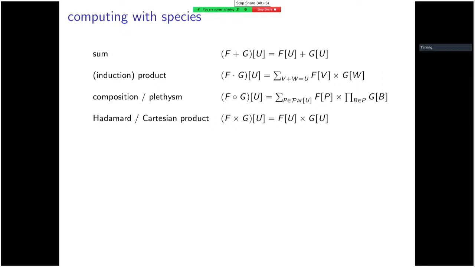You have your set of labels, and now you take a set partition of your set of labels, and on each block you put a G structure, the inner structure, and on the set of blocks, which is also a set, you put the F structure. And we will see an example. The natural language works well for this. So if you say F of G, it's what you would think it might be.